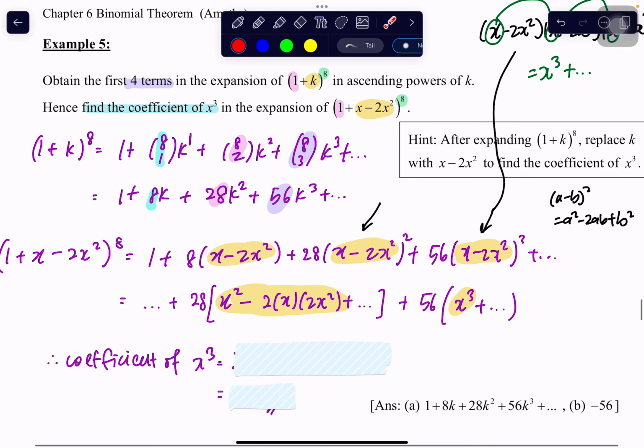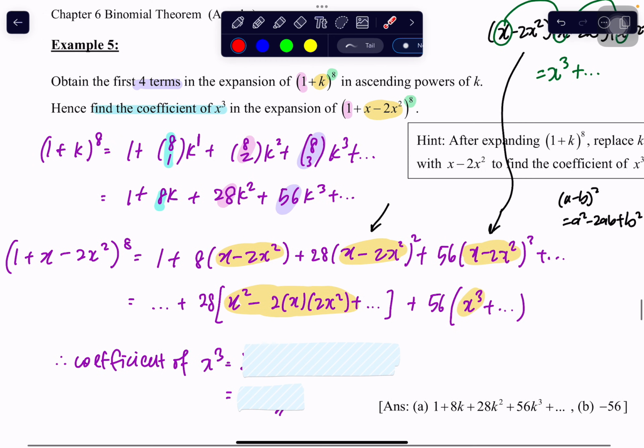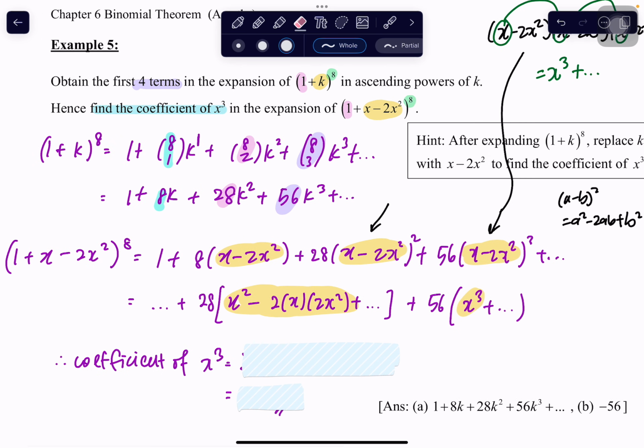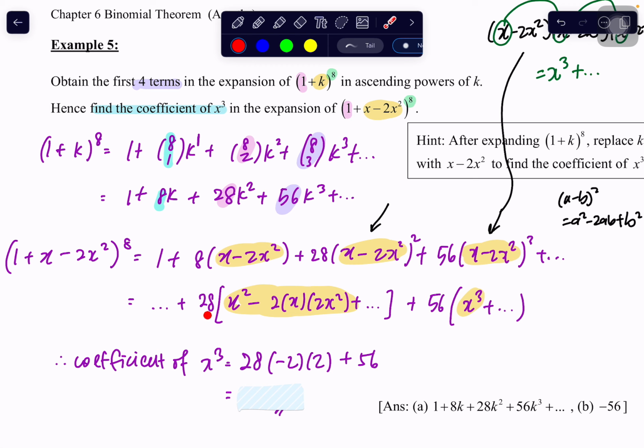So the coefficient of x cubed is none other than 28 multiplied by this term here. This term gives me my x cubed term, because x times x squared is x cubed.